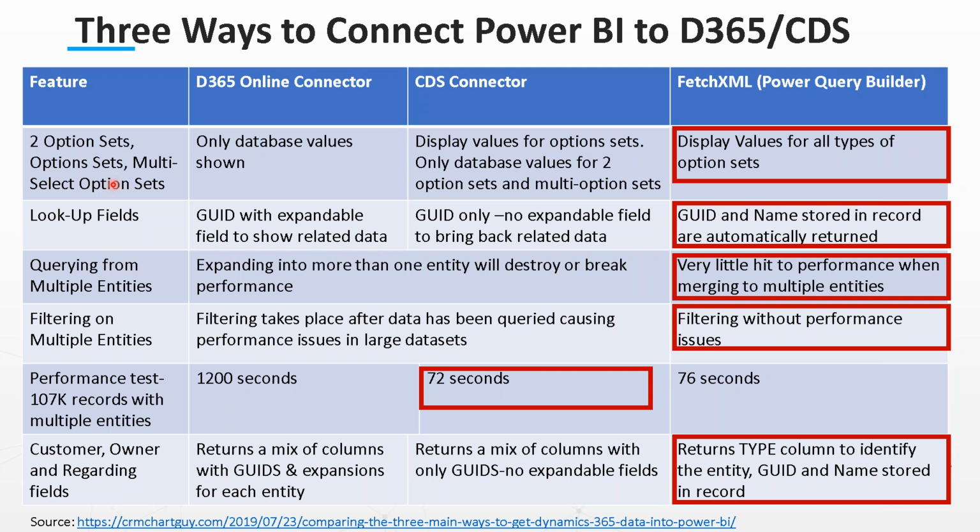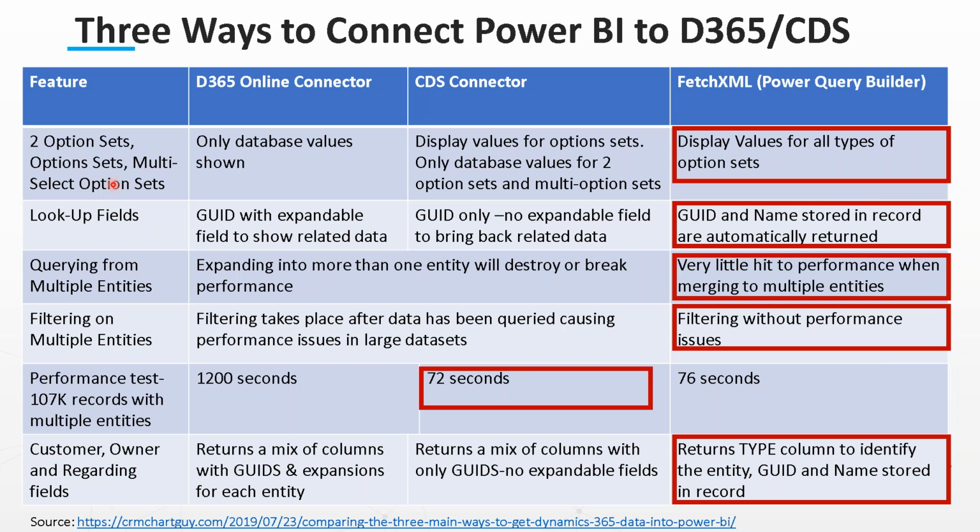How they query and filter on multiple entities, that has to do with the way that they manage merges. And then general performance, which the way that my sources measured general performance is they were really thinking about what happened when you click the close and apply button in the query editor.